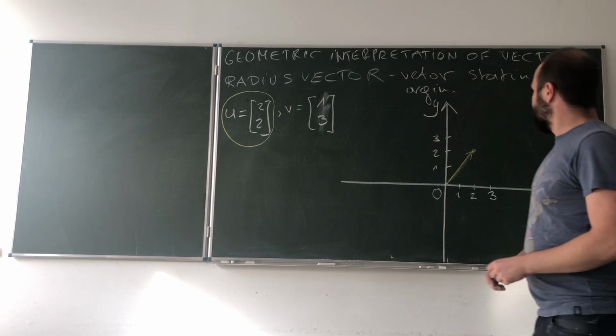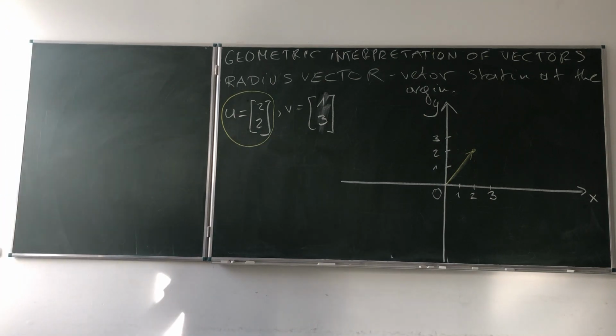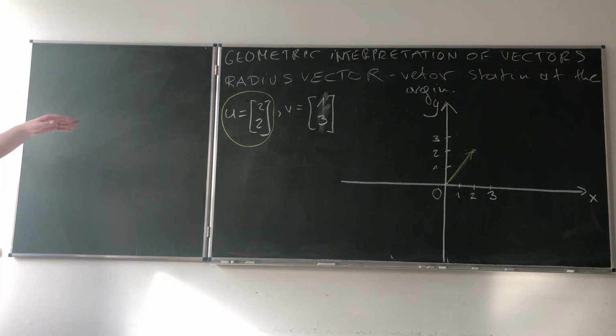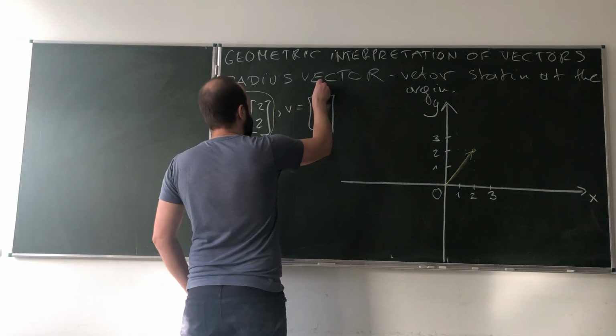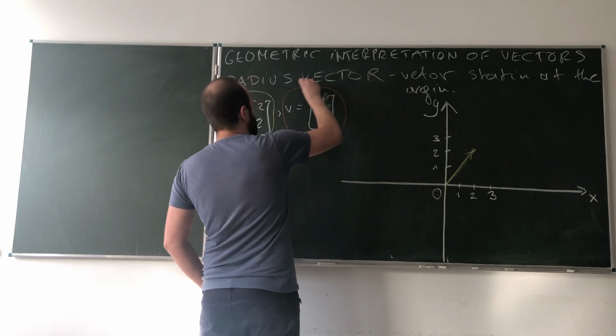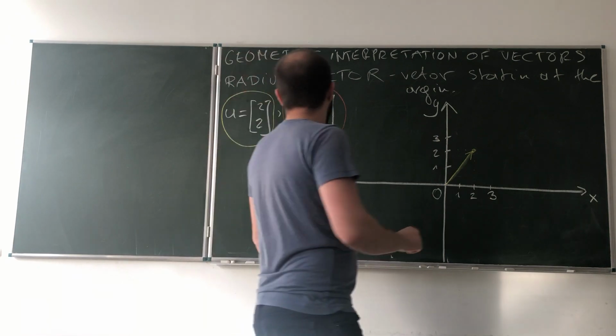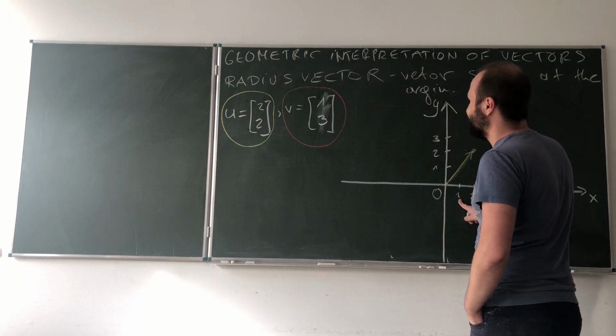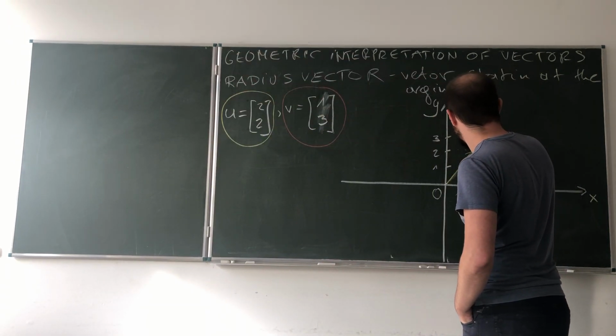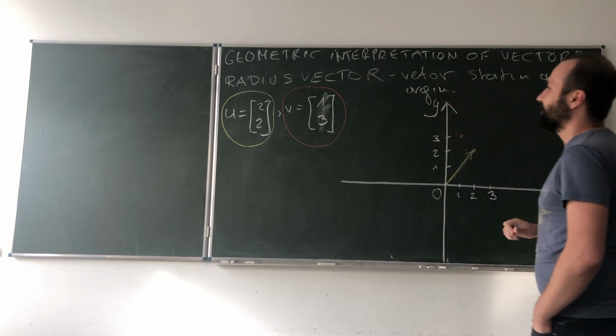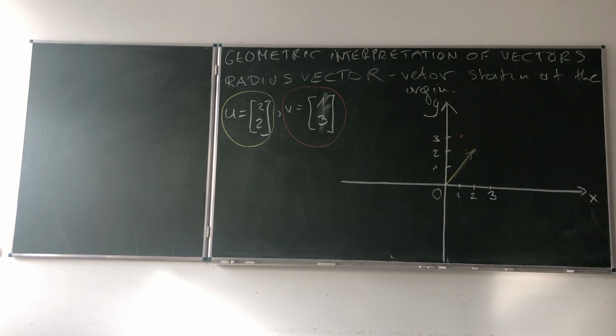Okay, so then we need to have the second vector, vector v. Let me denote it by red color. And this one has x coordinate at 1 and y coordinate at 3.